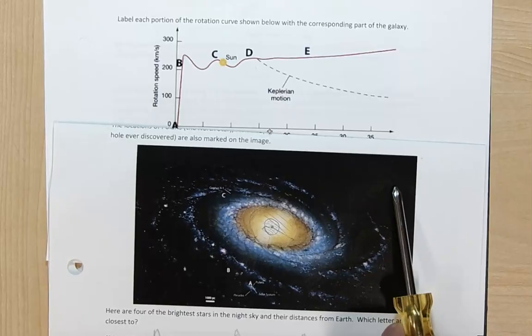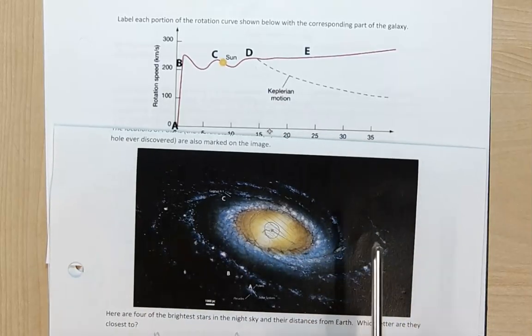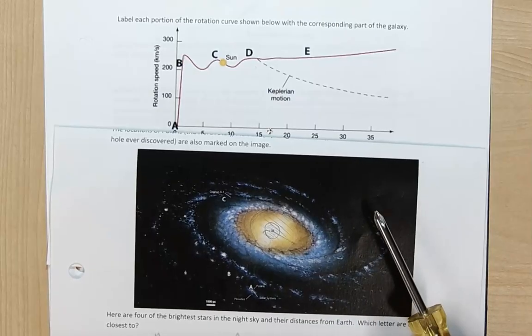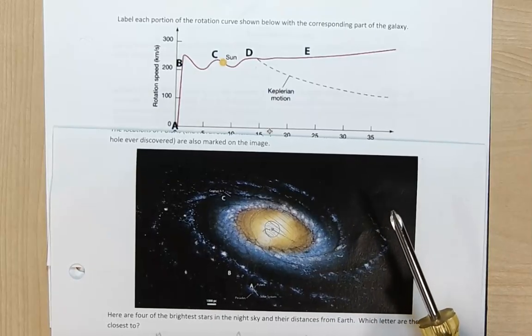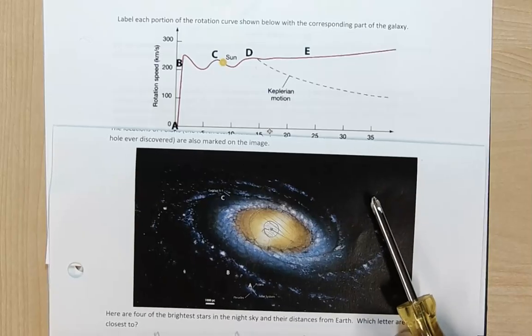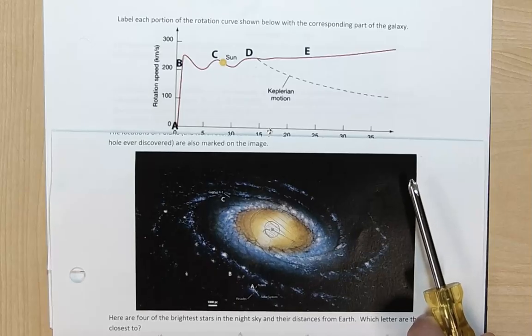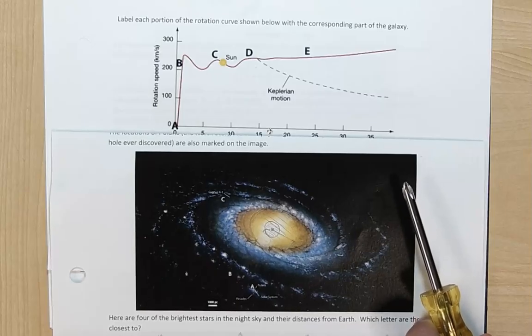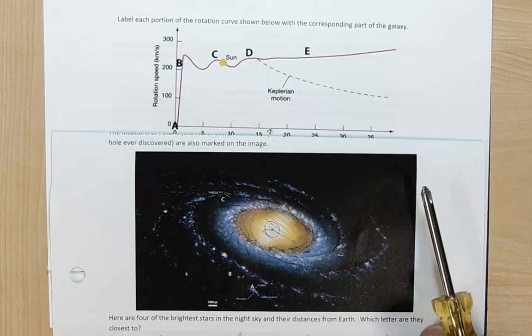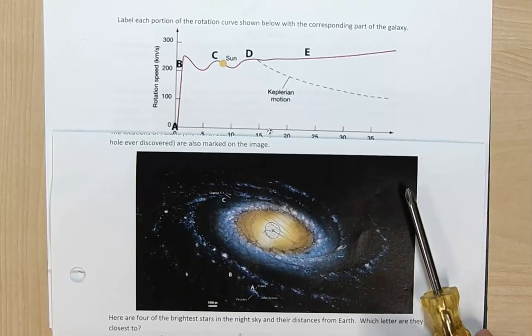So there's something out here. There is some halo of mass surrounding, inside and around our galaxy, so that these stars at the very outer edge of our galaxy, they're still moving at the same speed, or even a little faster, because of the extra mass that we cannot see in our telescopes.